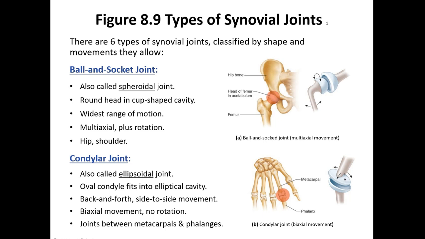So this joint type allows us to perform front and back movement, side to side, okay, but no rotation. But one difference between this joint type and ball and socket: ball and socket allows us to perform a range of motion. We can rotate, you can circumduct, you can flex, abduct with ball and socket.